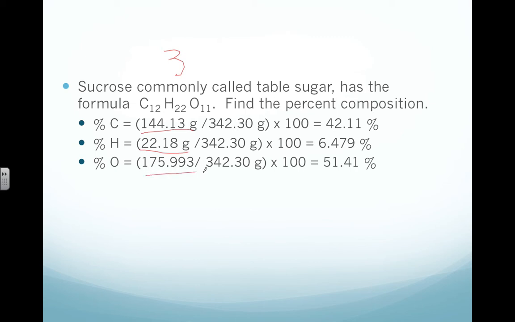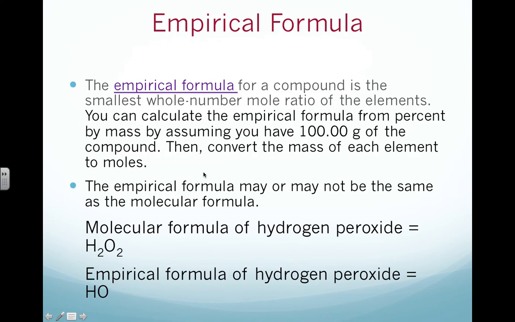So after you find the molar mass by adding up 12 carbons, 22 hydrogens, and 11 oxygens for the total, notice that for each element you also have to look at their individual subscripts, and that's going to be part of the numerator. And when you add up all 3, you should get 100%. Okay, that was percent by mass.